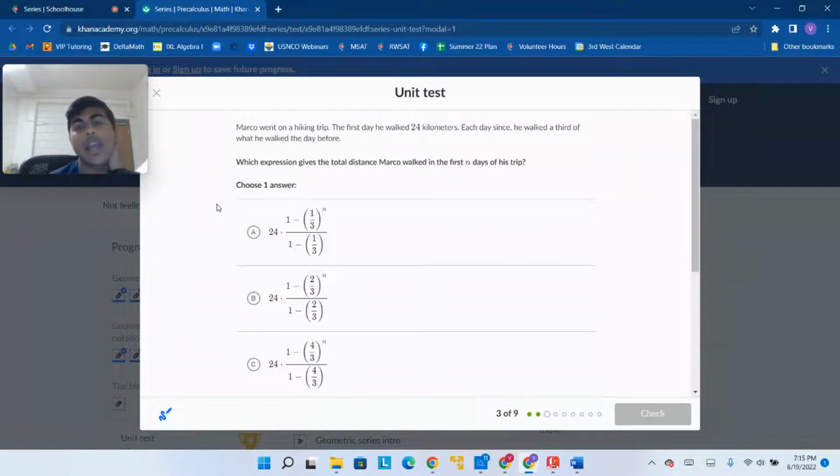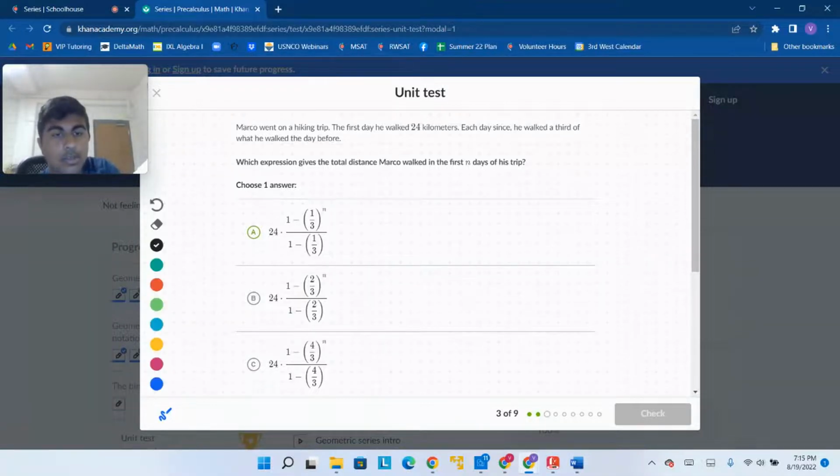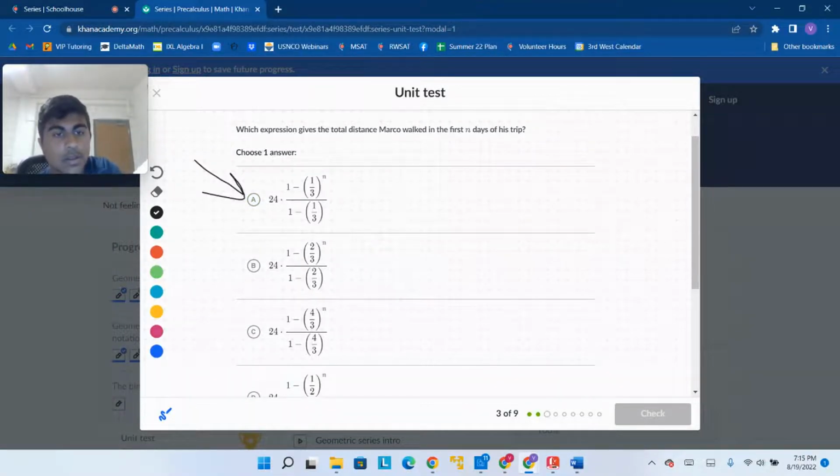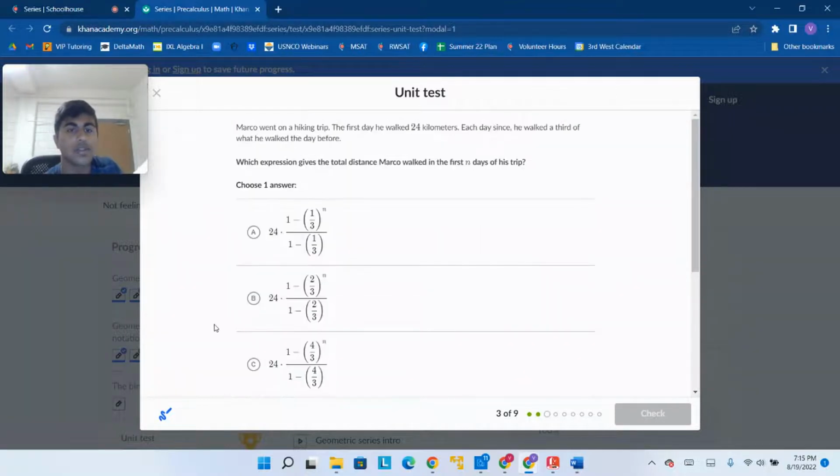Since we have a ratio that's going down, we're going to do 1 minus 1 over 3 to the n over 1 minus 1 over 3, right? That is what it looks like. And this is right here, this one, A. That's what it's supposed to look like. Instead of having the 1/3 to the n minus 1 over the 1/3 minus 1, you flip both sides because you can do that.